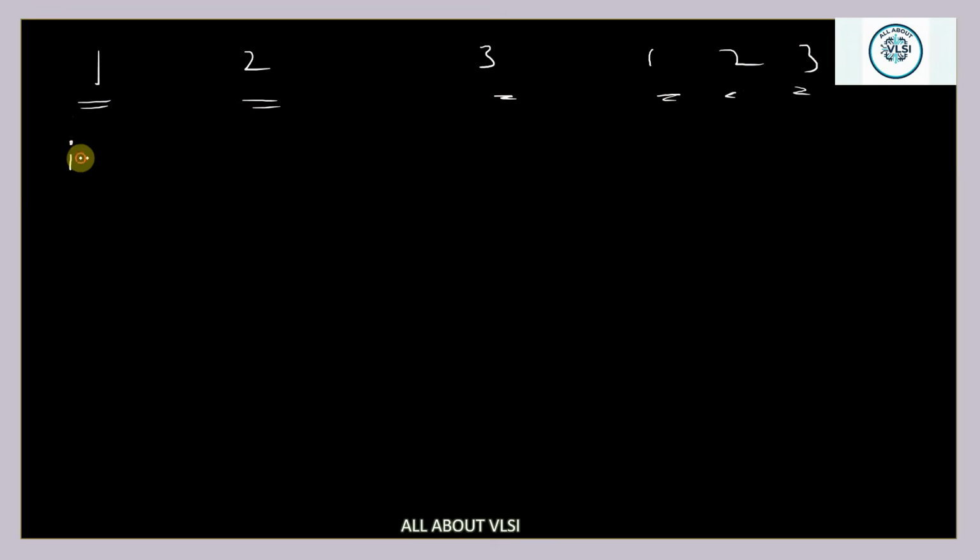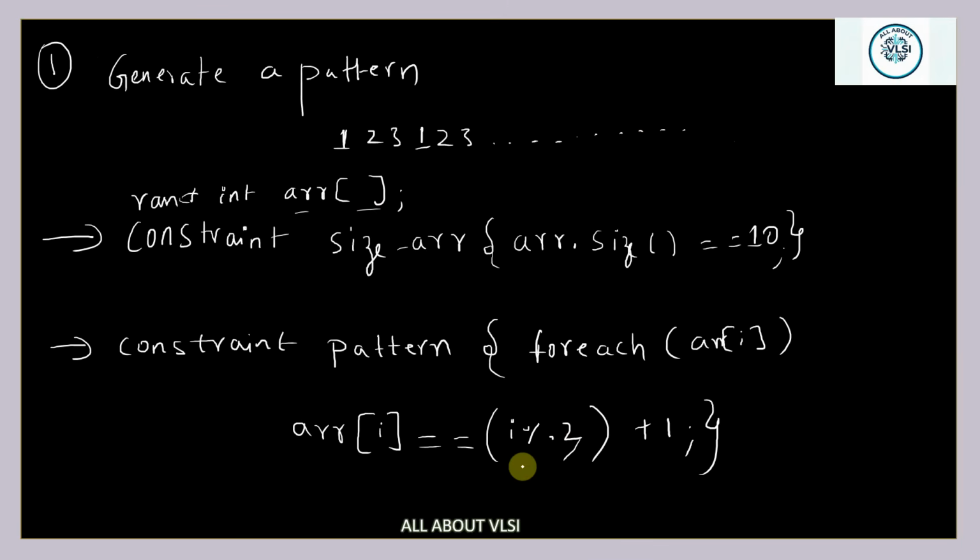So I is equal to 0, I is equal to 1, I is equal to 2, and after reaching this index, again index 3, index 4, and index 5. What is the logic I've written? I percentage 3. Whatever remainder we get from dividing the index by 3, we add just 1 to it.